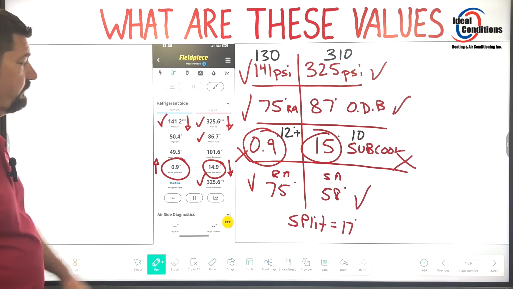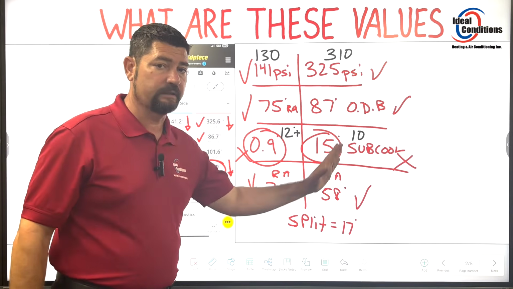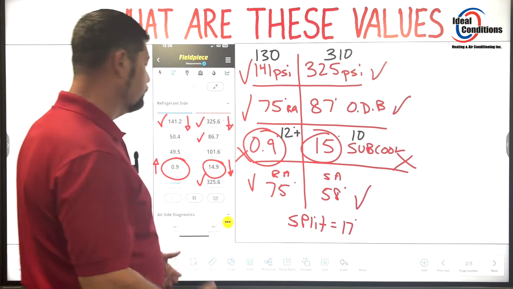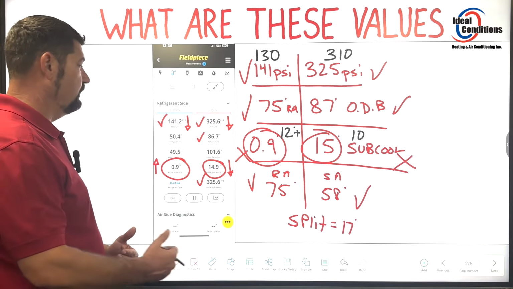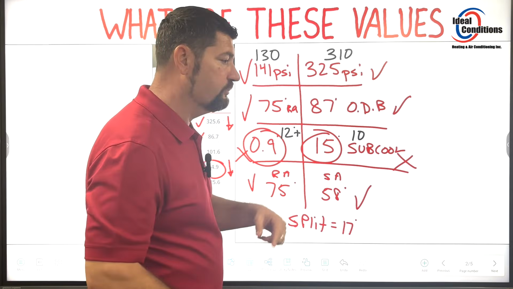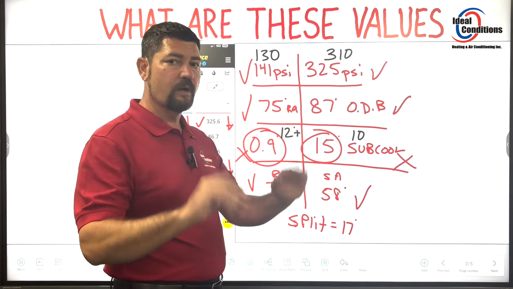But typically when we have a flooded out evaporator coil and we have a high subcool, we have too much refrigerant. So first you want to start with that. And then check to make sure all the values are moving in the proper directions, which means this one should go up, this one should go down, these 2 should go down, these 2 should go up, right?